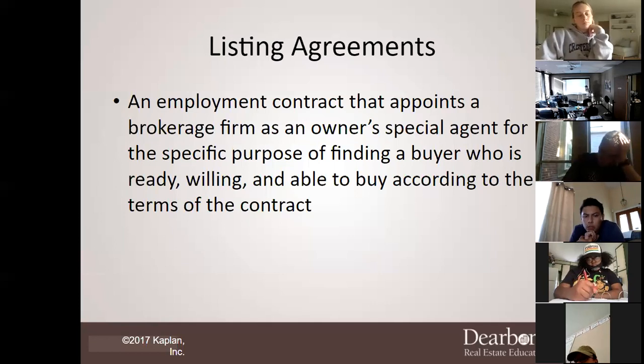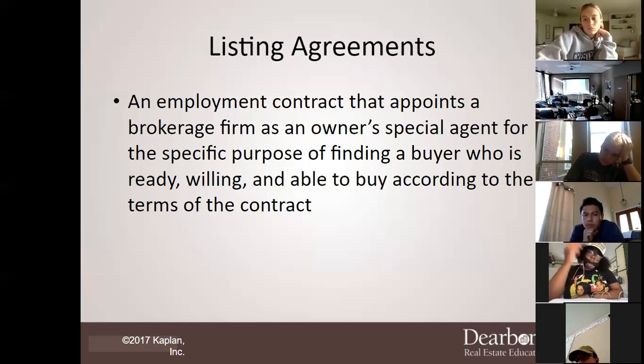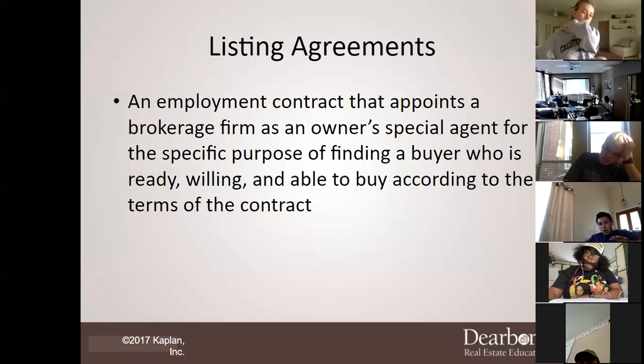Yeah, and then you're supposed to bring a ready, willing, and able buyer, and the reason for that is that it covers us in the situation where I bring a ready, willing, and able buyer, but then they go through inspection and the house is falling apart and they decide to back out. They can't get onto us for not doing our job, not bringing anybody. We did. We brought somebody who was ready, willing, and able.